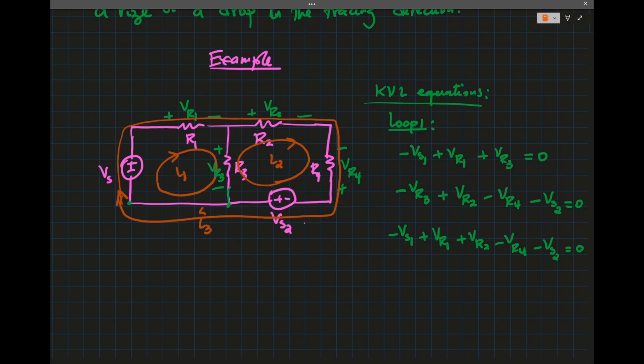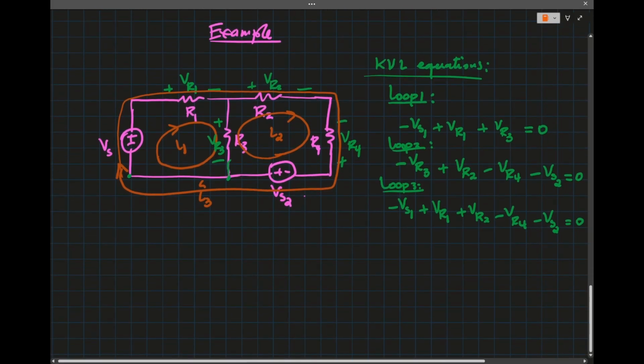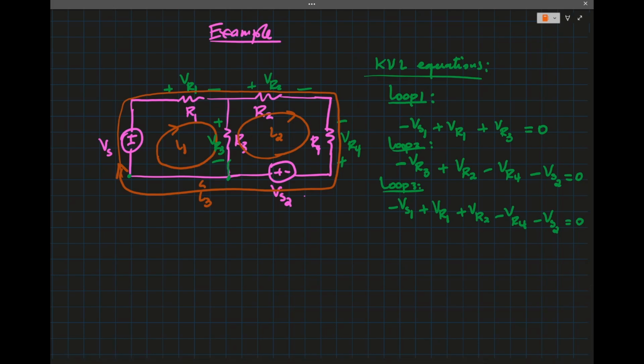So this would be for loop 2, and this is for loop 3. Okay, so these are the loop equations that we could get out of this network.